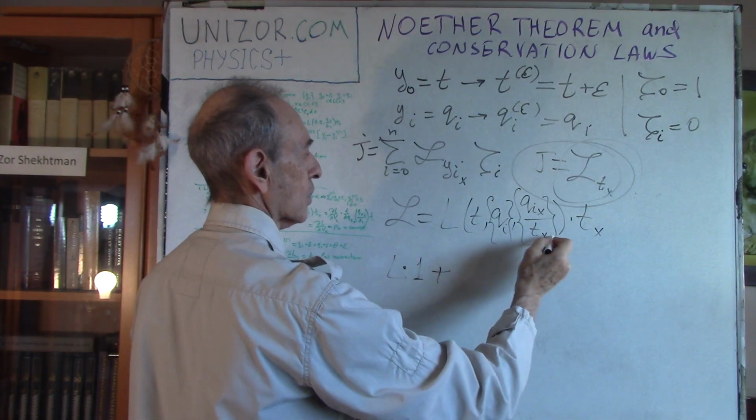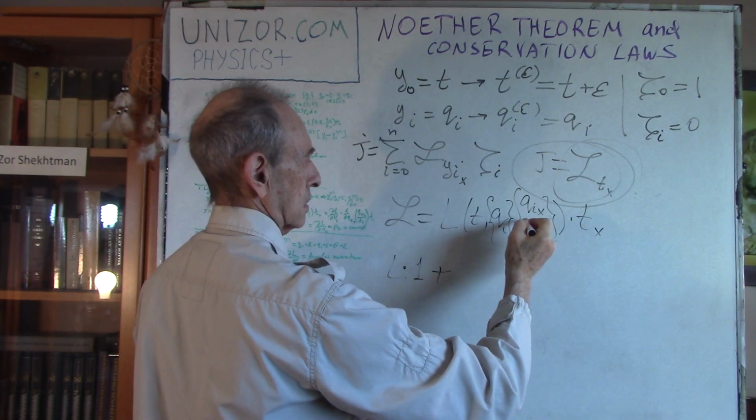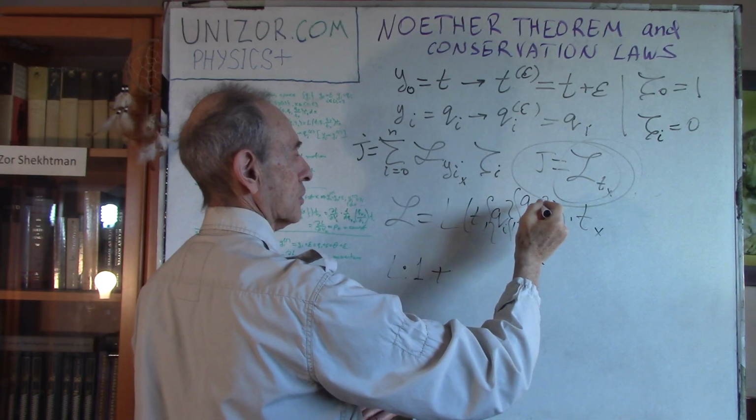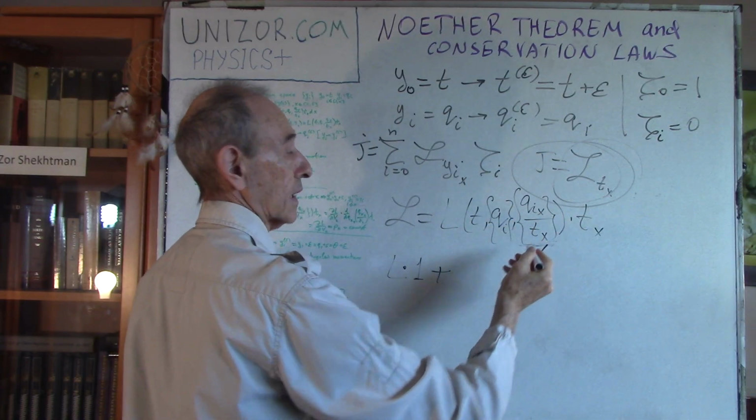Now, all these coordinates, q1, q2, q3, etc., are all divided by the same tx.